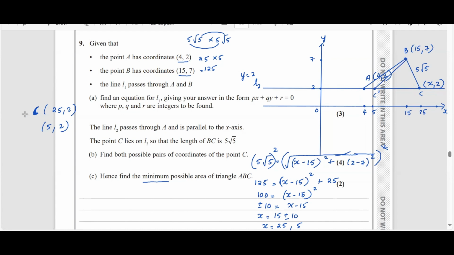We need the minimum area. So to get the minimum area, which triangle should we consider, ABC dash or ABC? To get the minimum area, we need to consider ABC dash. So let's erase this. The triangle we are going to consider is this one.